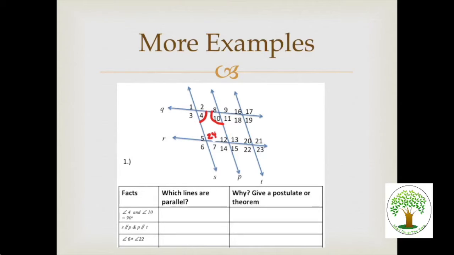So this red one is touching those 2 lines, and the other ones. You see how I did that? This red is touching Q and S. This red was touching P and Q. Now, which ones are parallel? S and P. S is parallel to P.